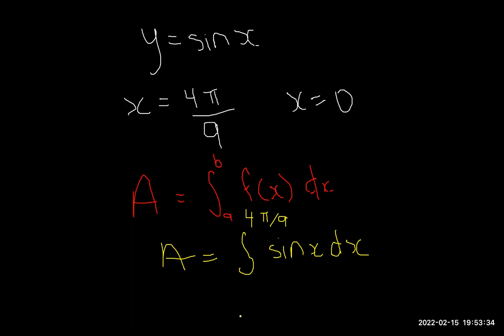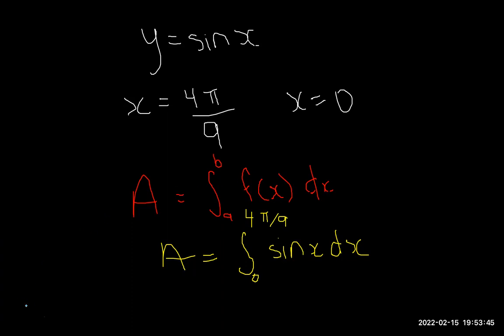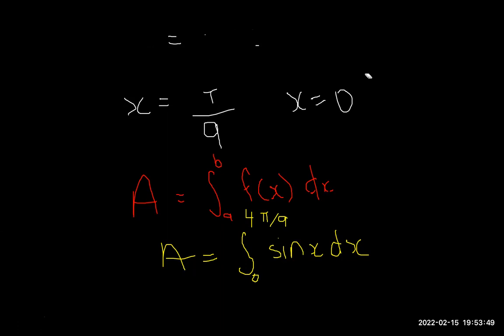A, small value, 0. From here, all you need to do, apply your rules of definite integration, find the value of the area. How do I use definite integration to find the area? That's what we were doing before. First, you integrate this expression right here. Just forgetting the limits for a while, focus on integrating this expression.